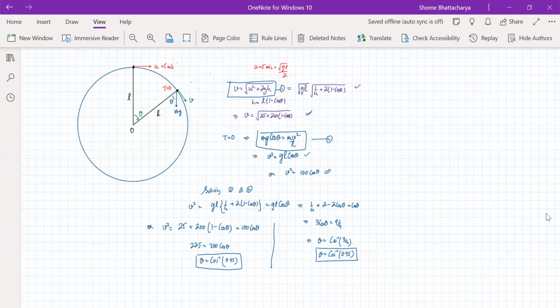It's about 41.4 degrees. Yes, 45 degrees is cos inverse 0.7 approximately. 37 degrees is cos inverse 0.8, 4/5. So it's something in between these two. So makes sense.